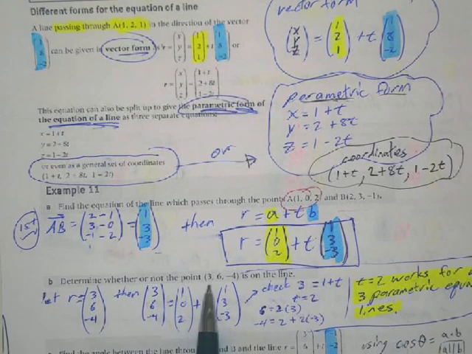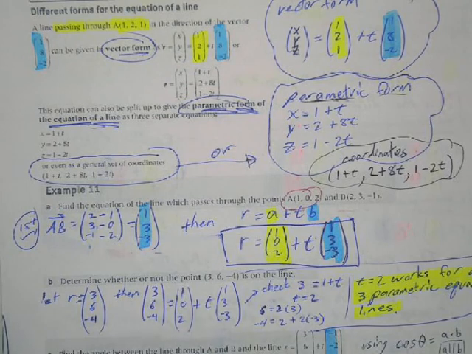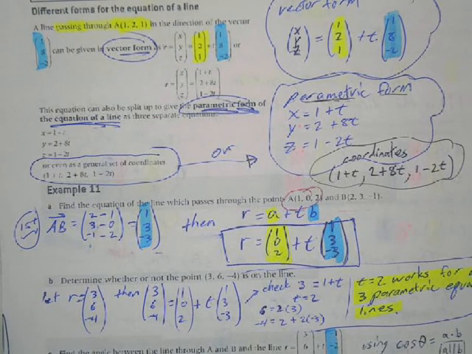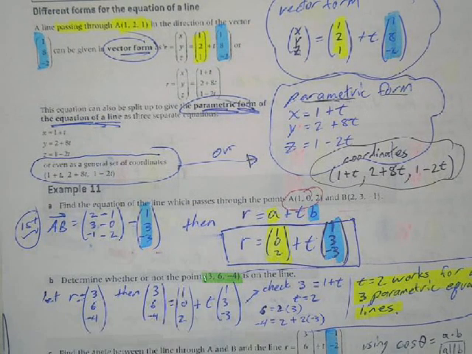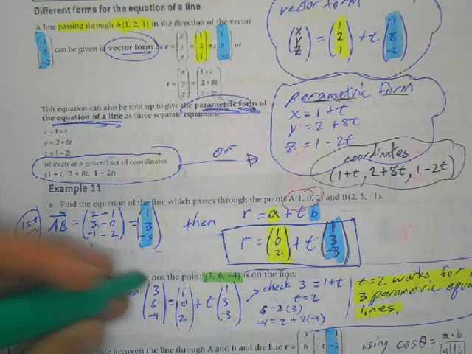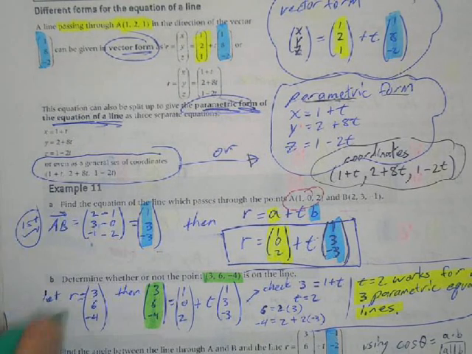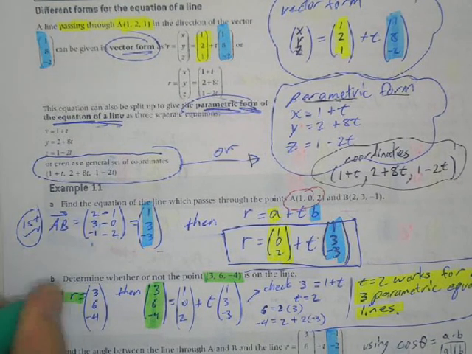Determine whether or not 3, 6, negative 4 is on the line. Basically, I'm taking this value, the 3, 6, and the negative 4, and I'm letting r equal to that.